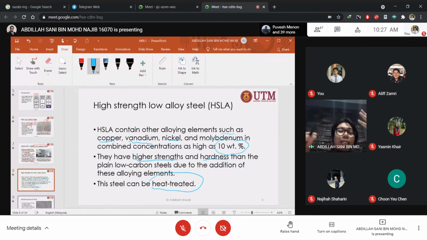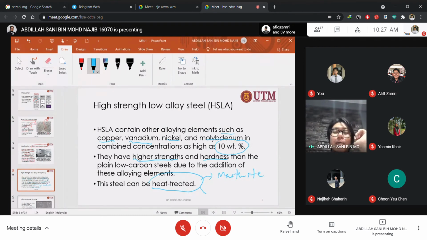So that is what is meant by heat treatment. So when we say in steel it is heat treatable, automatically we can form martensite, or other things like finer pearlite.